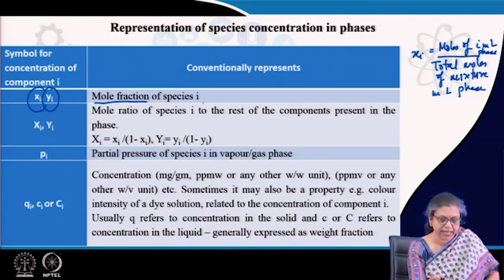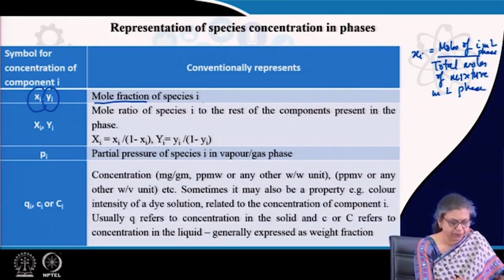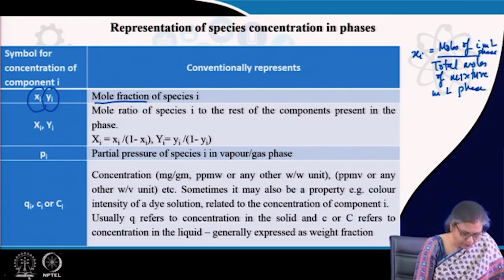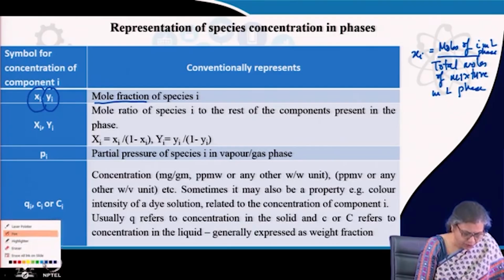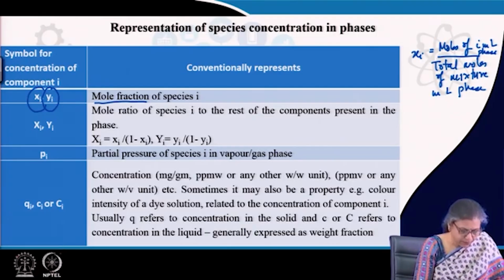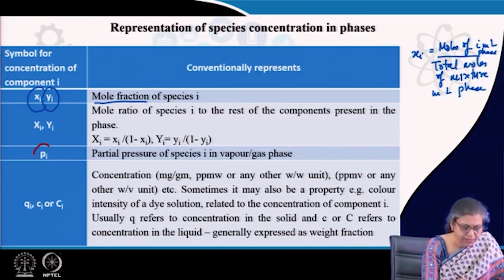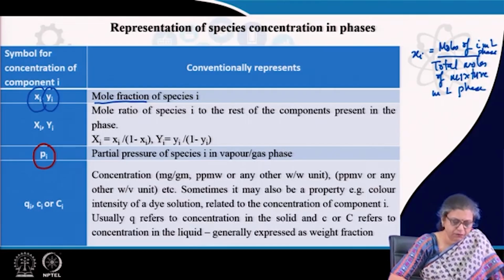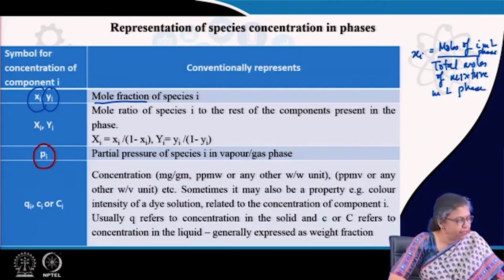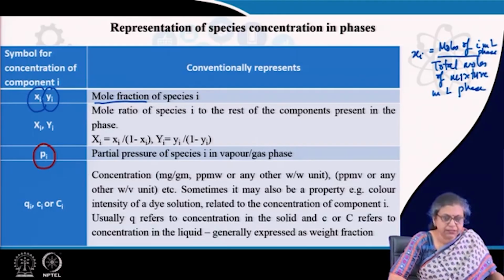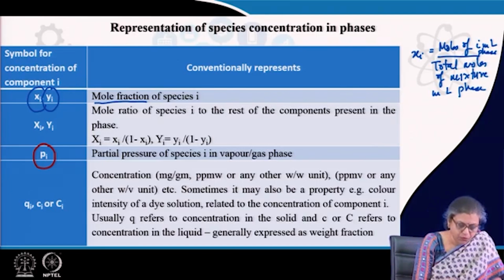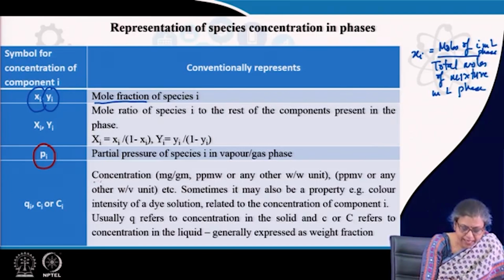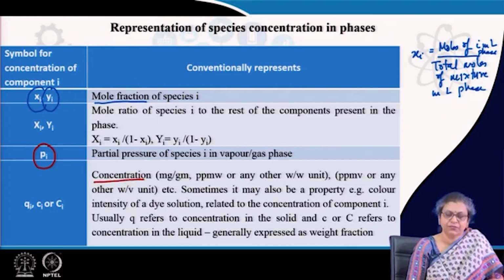For example, in the gas phase, normally we use the partial pressure of the species I in the vapor phase or the gas phase. And for the liquid phase, what do we do? We can either use the mole fraction, or else we can express the liquid phase composition in terms of the concentration.